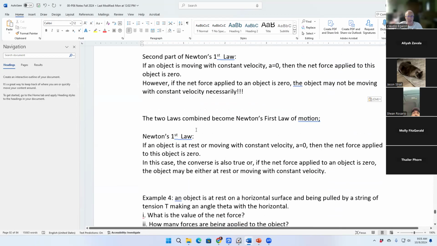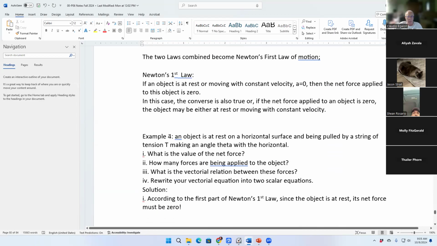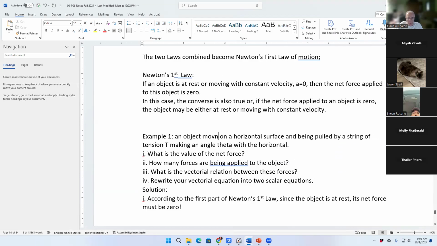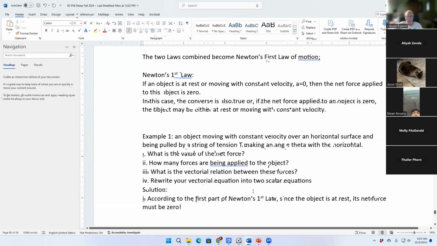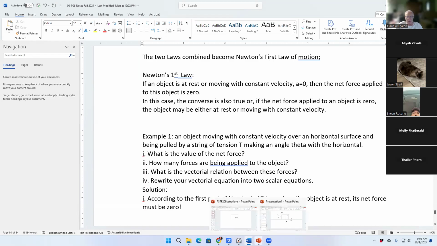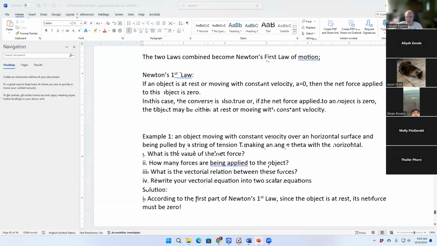I'm going to call that example 1 of today. Example 1. An object moving with constant velocity over a horizontal surface and being pulled by a string of tension T, making an angle theta with the horizontal.